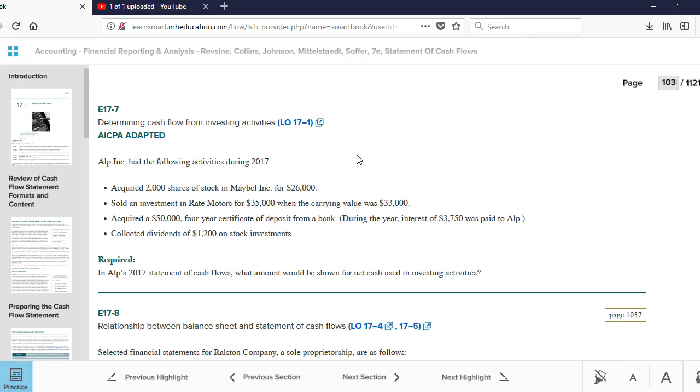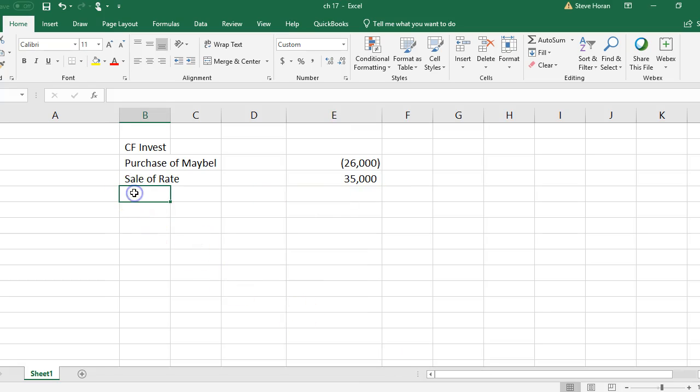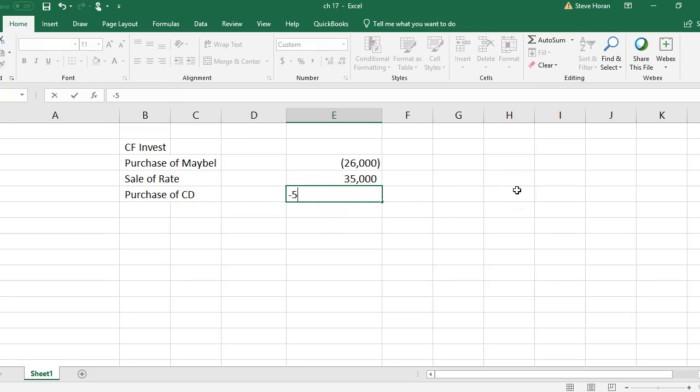So I don't care about operations. The question here is investing. So I don't care what the interest was. I don't care what the dividends were. I just care I spent 50 grand on a CD. Okay, so purchase of CD. And that was for $50,000. So it's a purchase, so it's money out the door of $50,000.